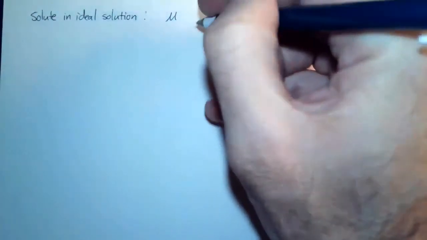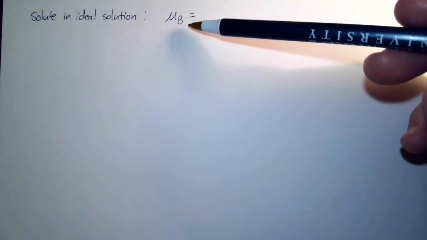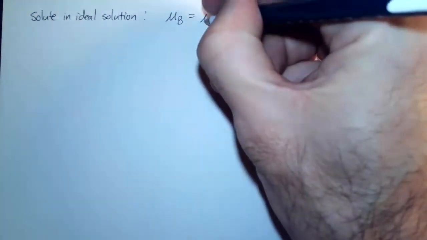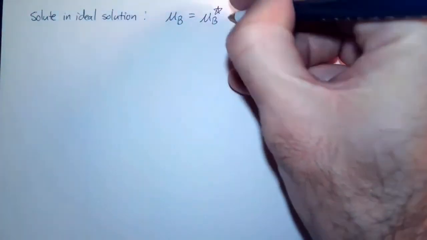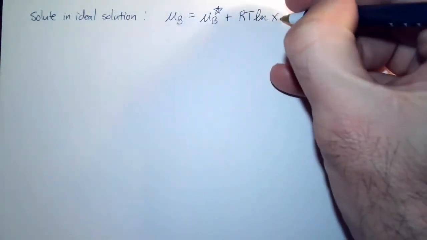So for a solute in an ideal solution, the formula looks just like it did for the solvent, the formula for the chemical potential, except now I'm using subscript B instead of subscript A. Remember, the convention is that A is the solvent and B is the solute. Otherwise, the equation looks the same.